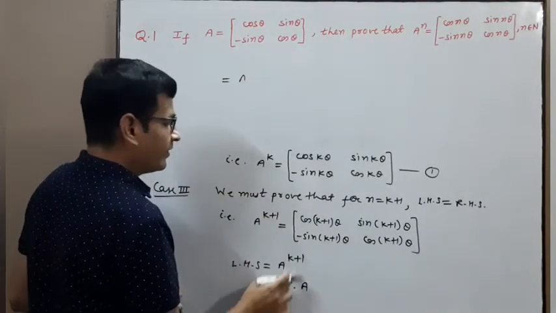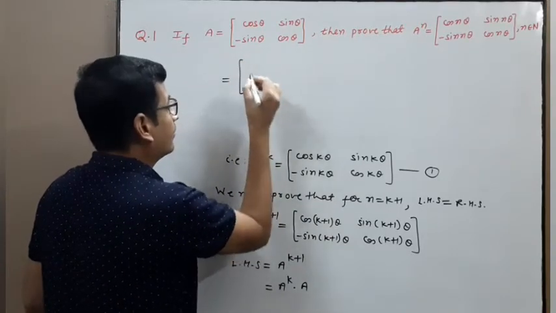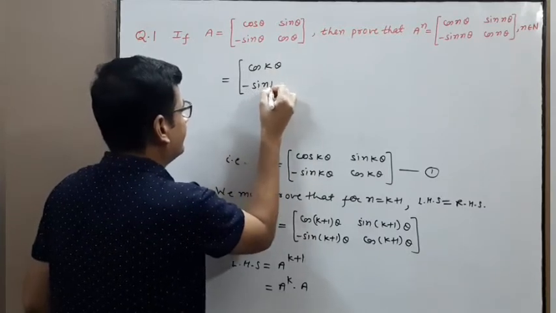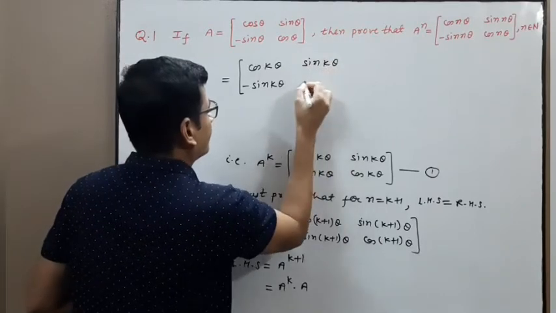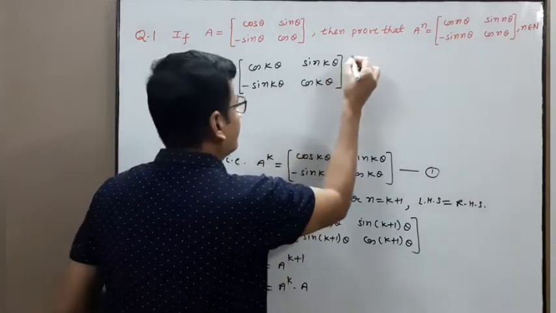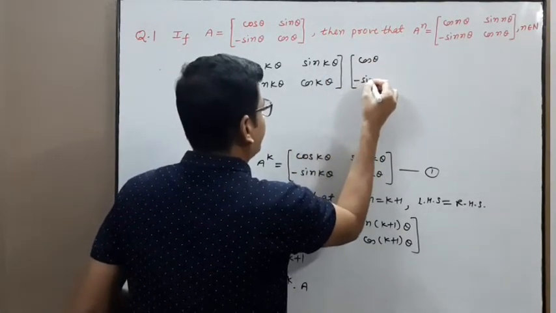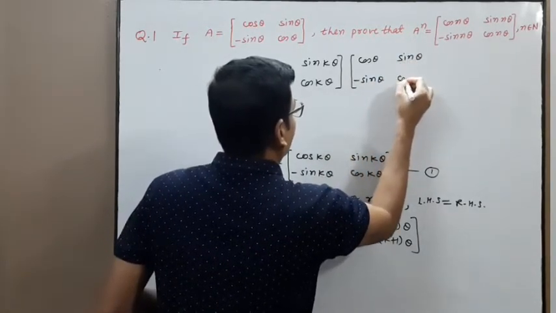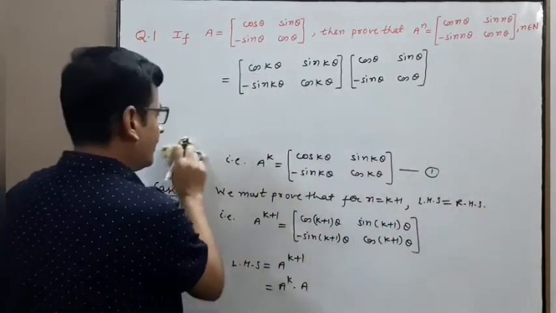In place of A to the power k, write this: cos k theta, minus sin k theta, sin k theta, cos k theta, into cos theta, minus sin theta, sin theta, cos theta. Now multiply.